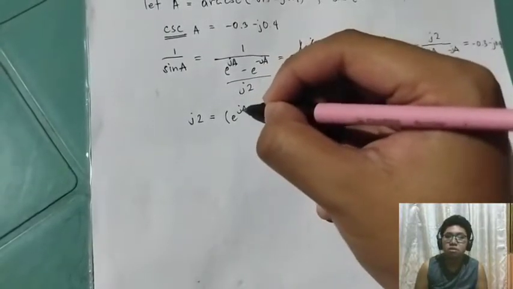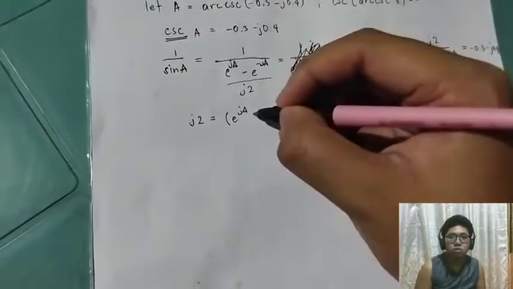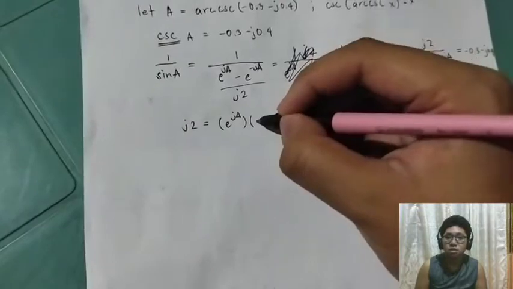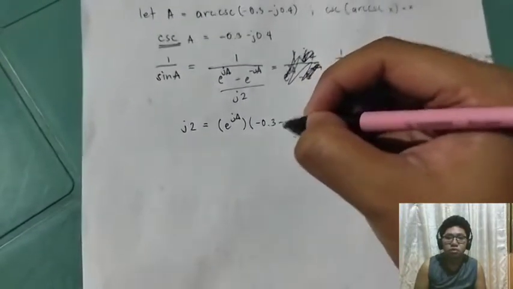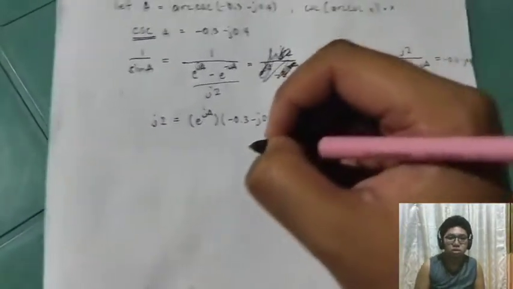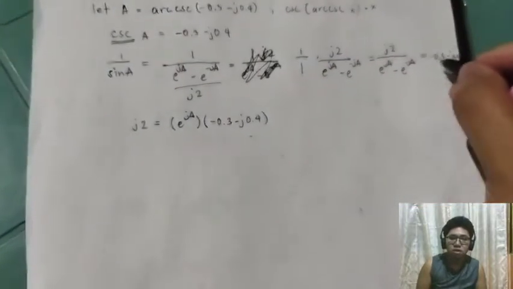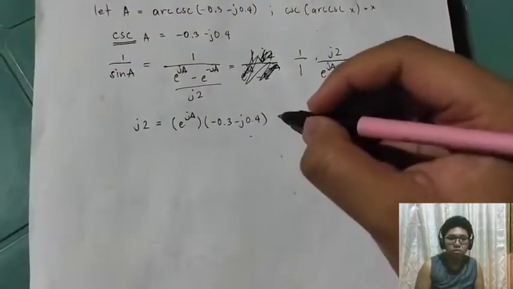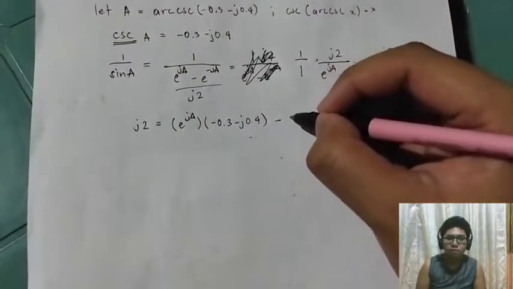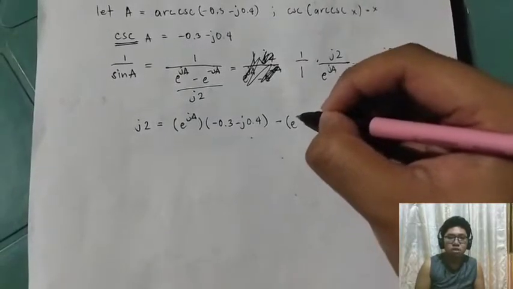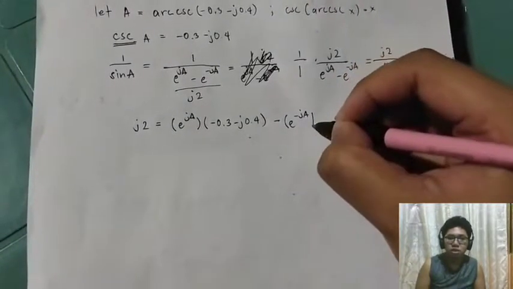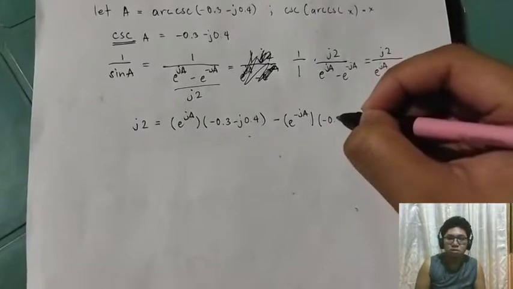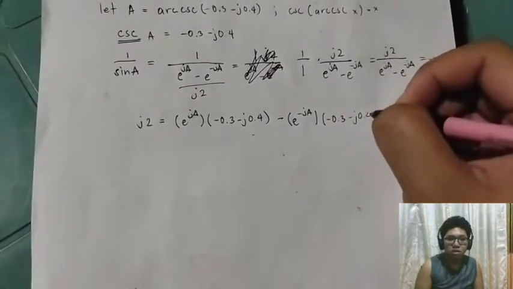Then we will cross multiply, that is j2 equals to e raised to ja times negative 0.3 minus j 0.4 minus e raised to negative ja times negative 0.3 minus j 0.4.